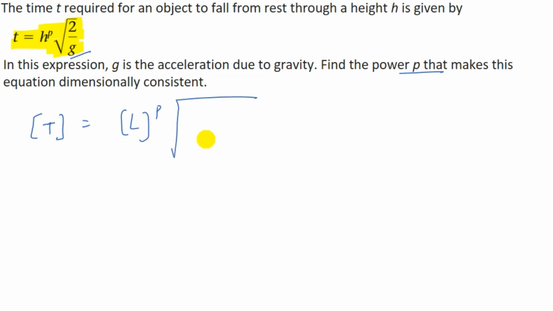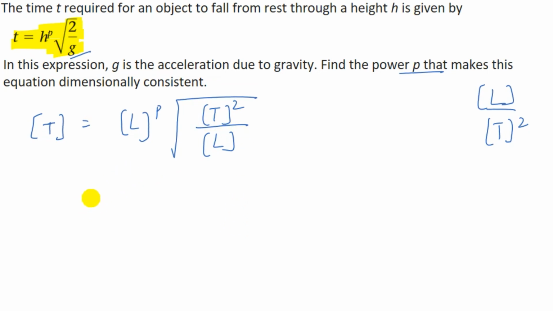The dimension of 2 is none, so no need to write it, divided by g, which is acceleration due to gravity. The dimension for acceleration would be L over t square, so we can put here L over t square. Now t square we can put in the numerator like this.